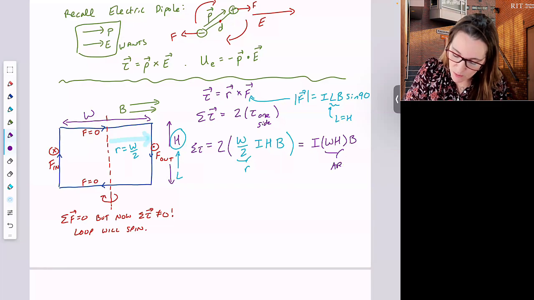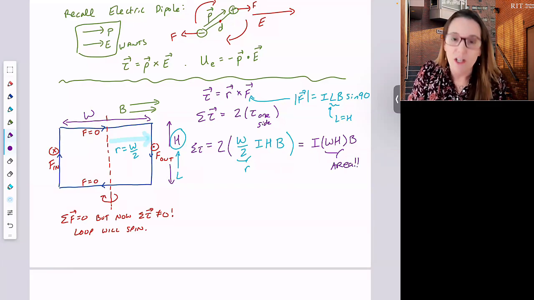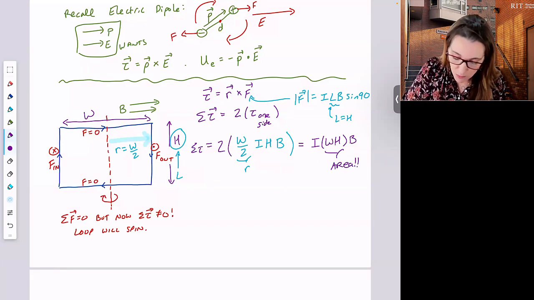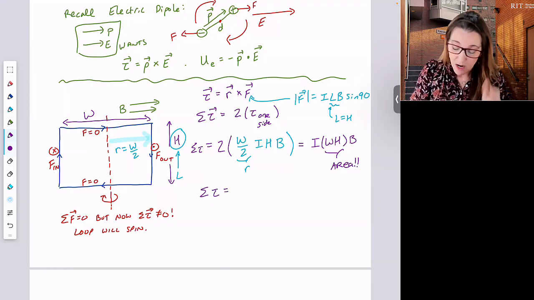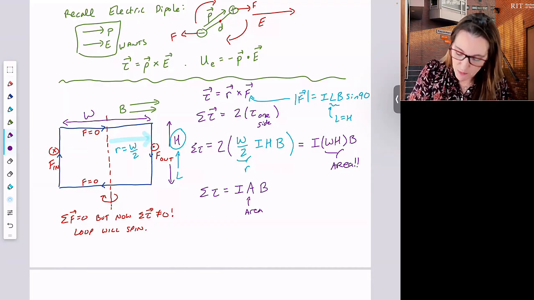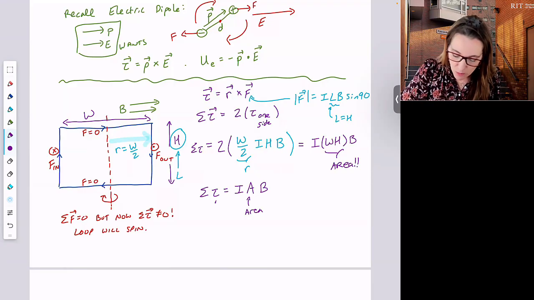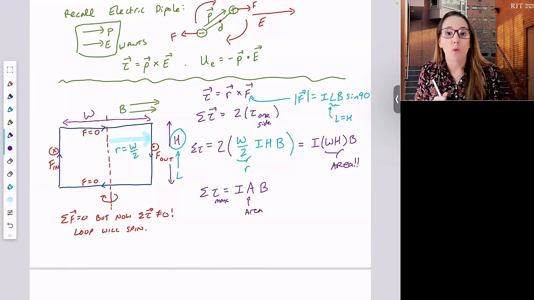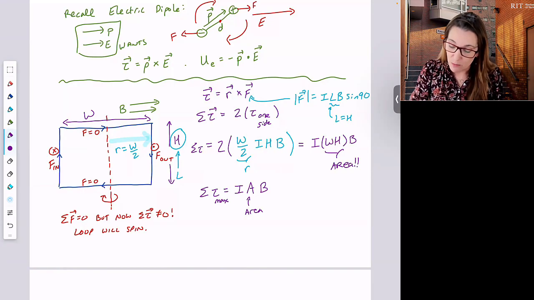Well, notice that WH is just the area of the loop, so we can then say that the net torque on the loop is going to be equal to I times the area times B. And this was again our maximum torque when we had derived it, because we had the sine of 90.